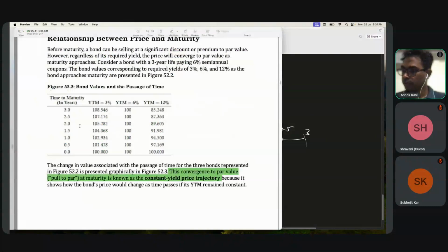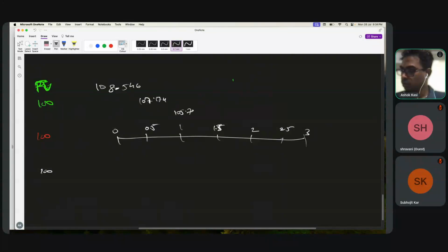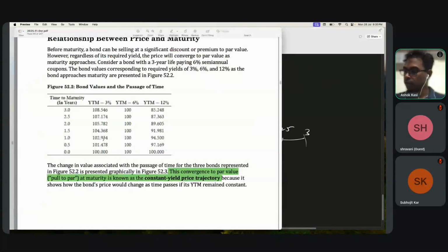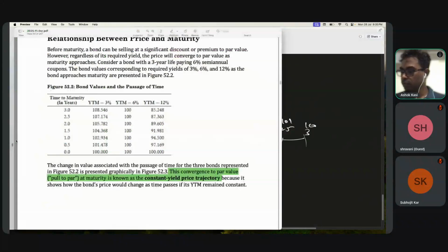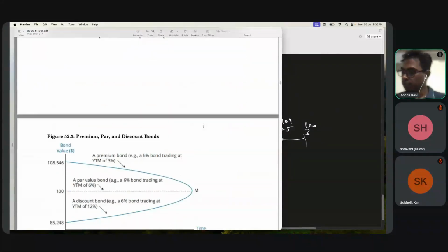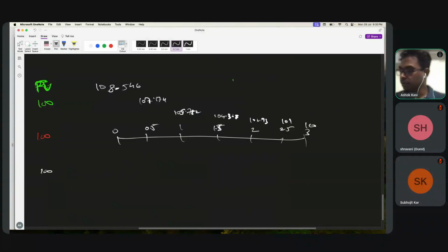After 1 year, the price comes to 105.782. Then 104.368, then 102.934, then 101, then 100. So you see, you can see the graph coming down like this.